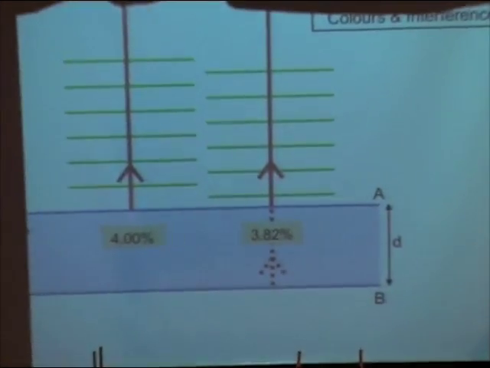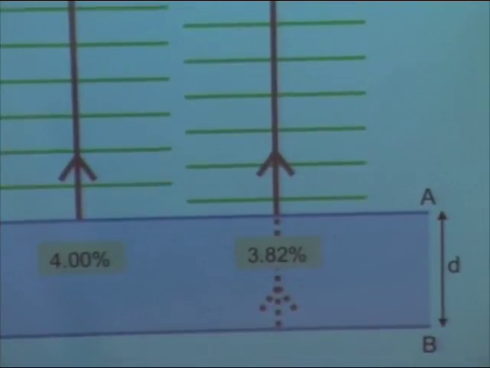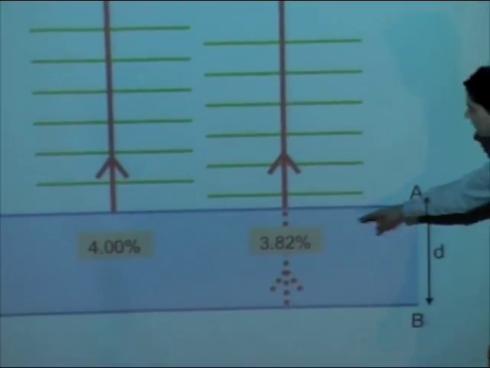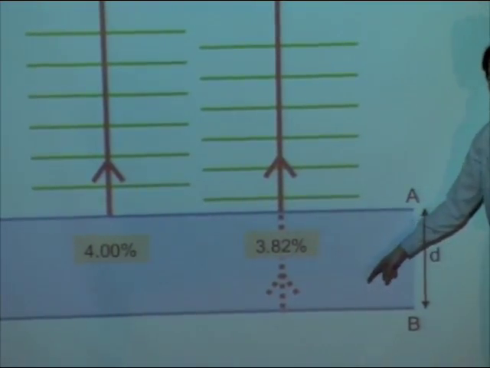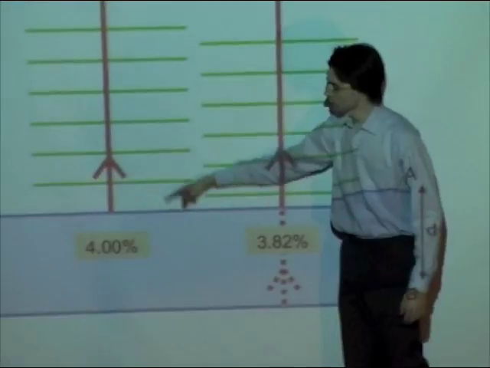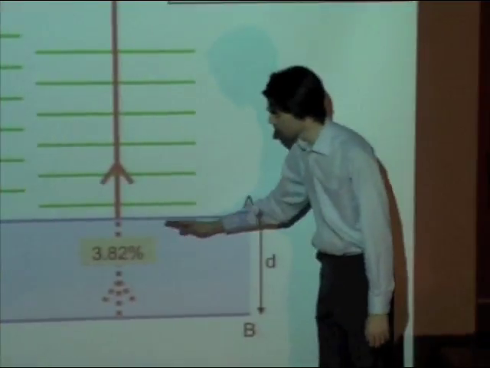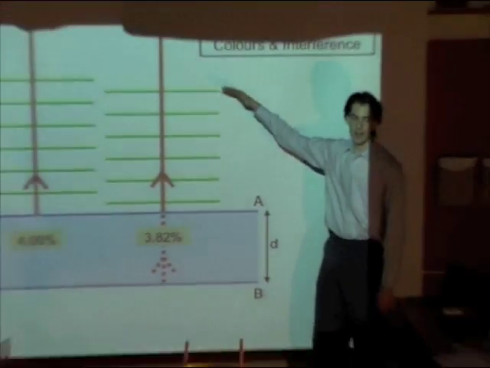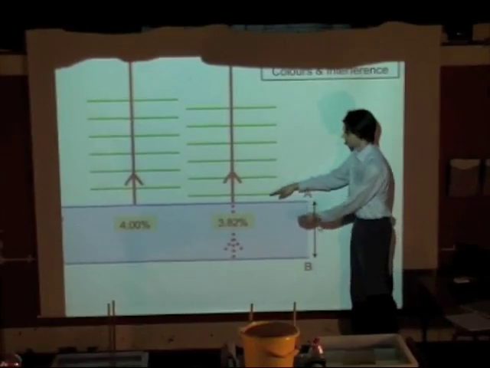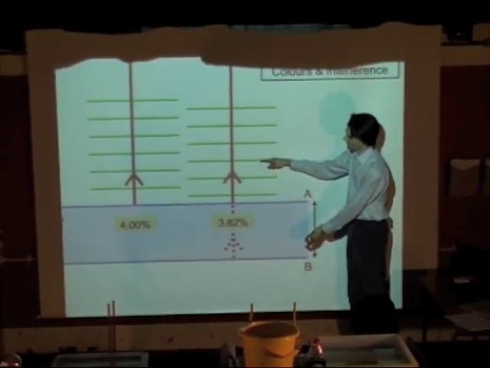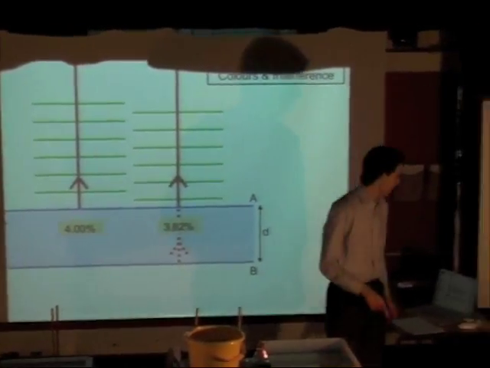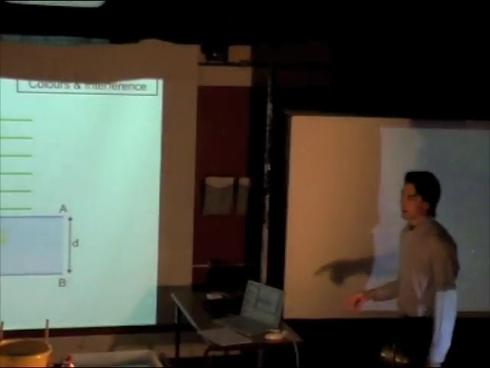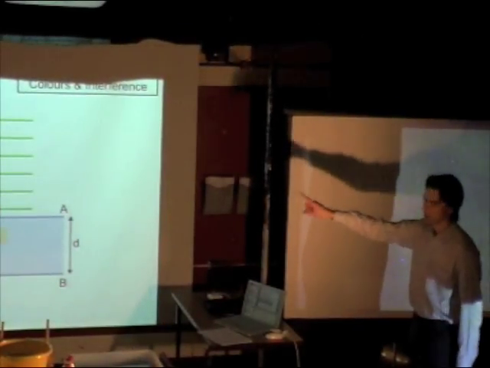It may not be in the same place. The wavefronts there may be a little bit above or below because of the extra path it travelled. This one reflects straight back. This one had to go through all this stuff to get out again. And depending on the thickness, that will depend upon where these wavefronts arrive. So next we have to figure out exactly how much out of step that one is with the other one.